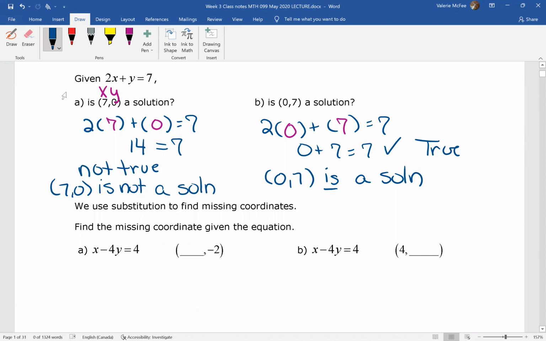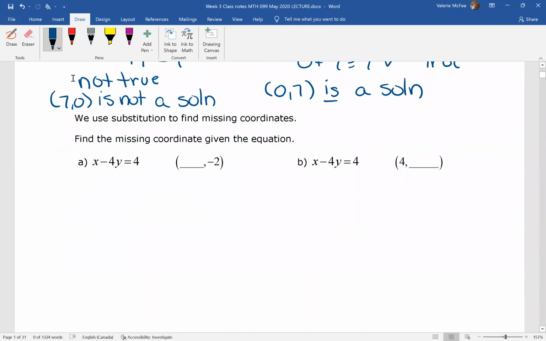Now we can also use substitution to find missing coordinates. So we're given an equation in A, x minus 4y equals 4. And then we're asked to find x when we're given y. So we don't know what x is, but we do know y. y is -2.